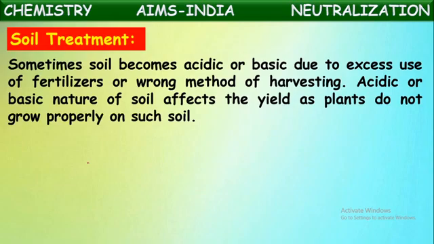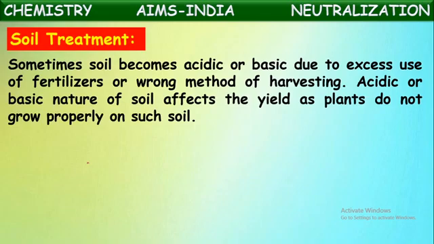This acidic or basic nature of soil affects the yield as plants do not grow properly on such soil. So as it is becoming acidic or basic, plants cannot grow properly and they cannot yield properly. This affects the yield of those crops.